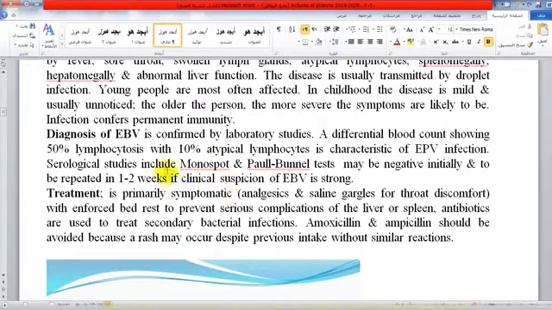Serological studies include the monospot and Paul-Bunnell test, which may be negative initially and due to that must be repeated in 1 to 2 weeks if clinical suspicion of infectious mononucleosis is strong.